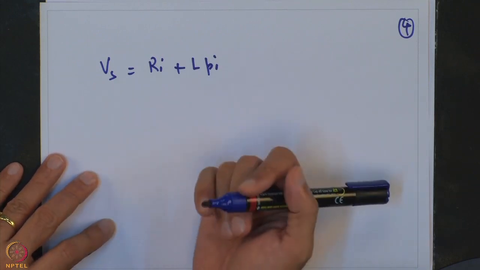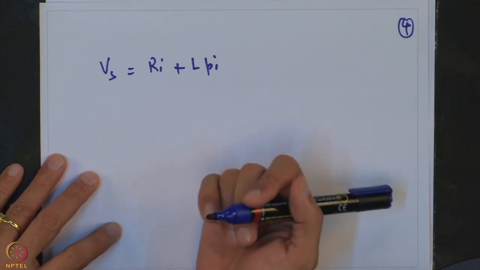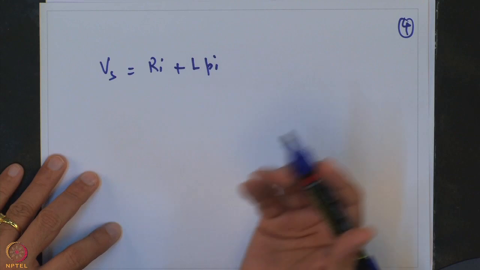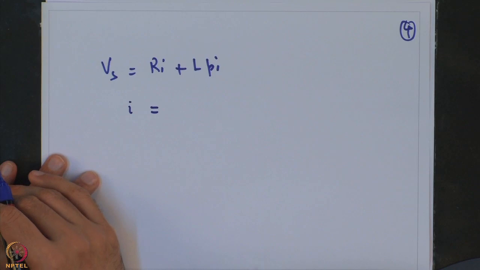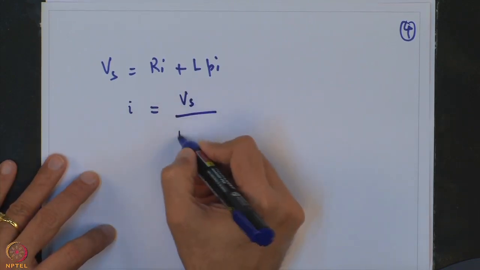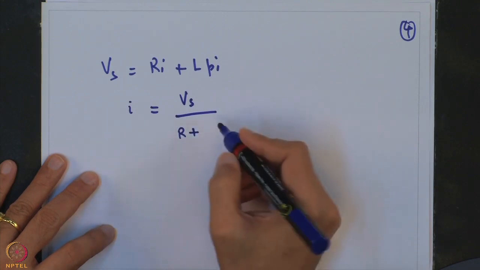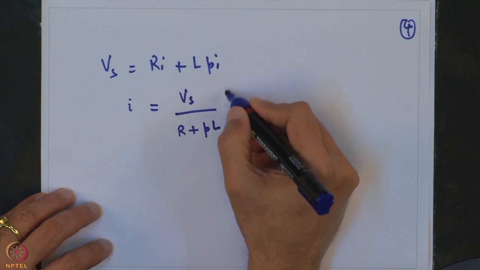So the introduction of the differential operator P has helped us in converting a differential equation, a linear differential equation, into an algebraic equation which can now be solved. So basically, if I am trying to look for the solution for I, then I would say it is simply I equals Vs over R plus PL. Simply it will be like this.